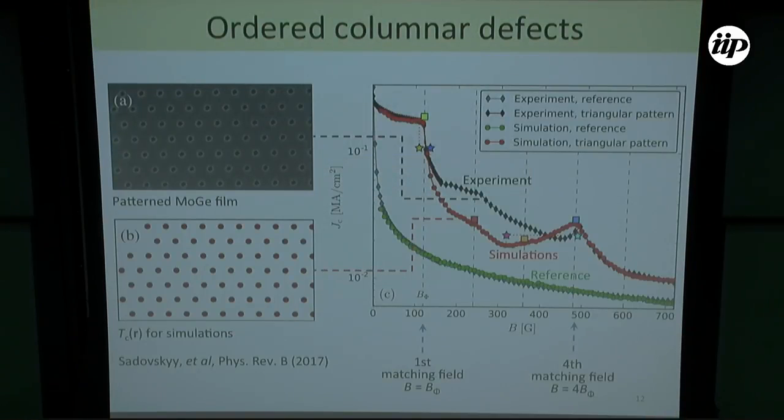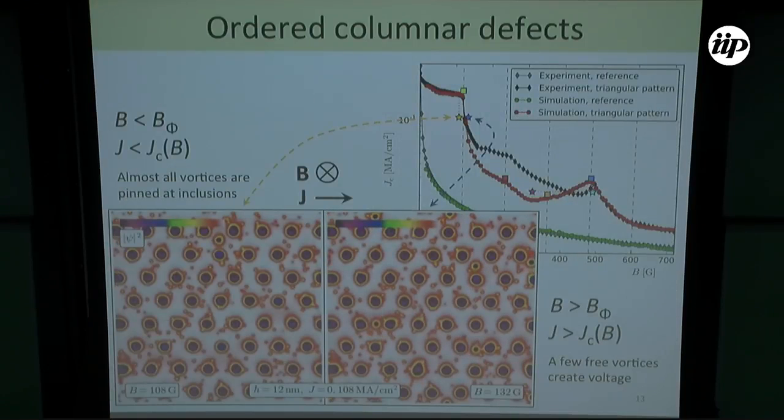Now, columnar defects. Here is the field dependence of the critical current for columnar defects patterned in a hexagonal lattice. It's a rather tricky structure, and the vortex dynamics in there, but I will just skip it for now.